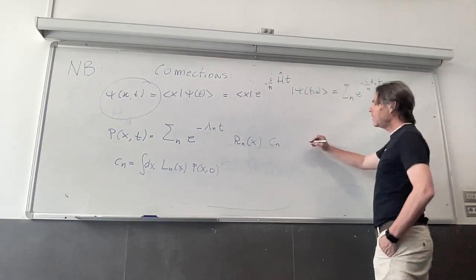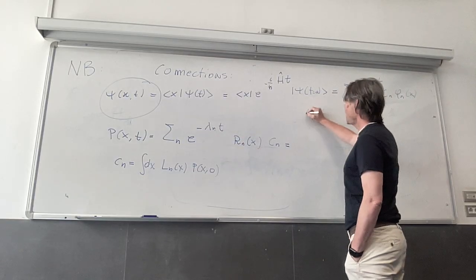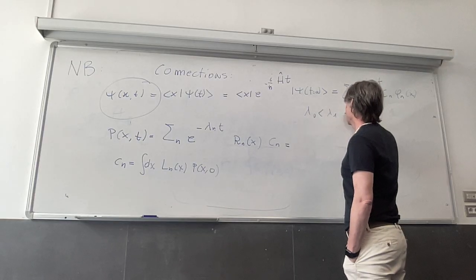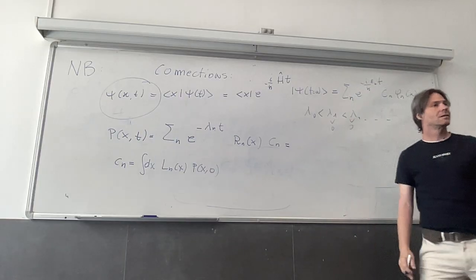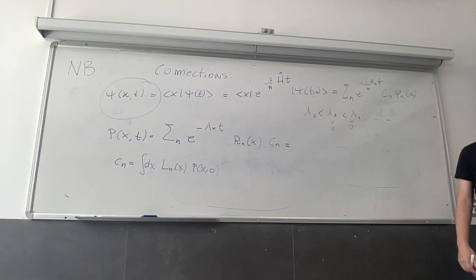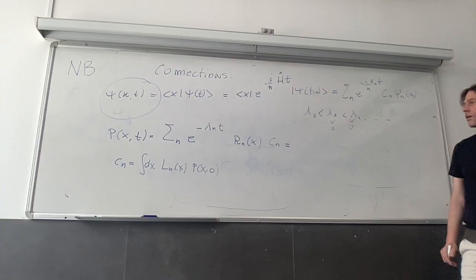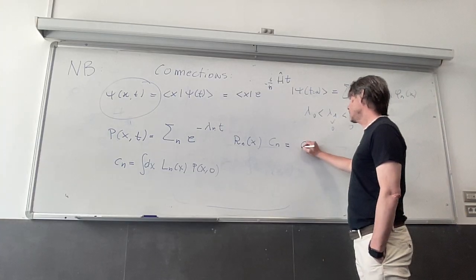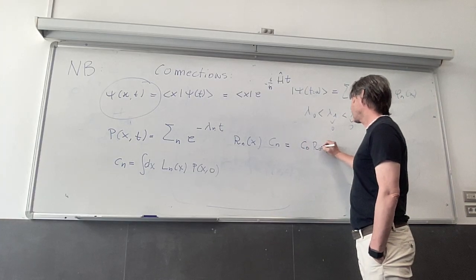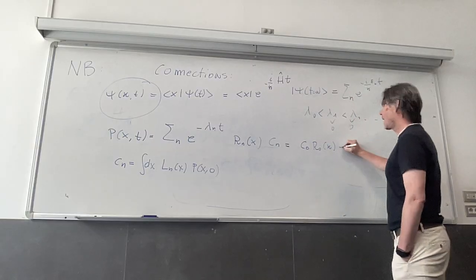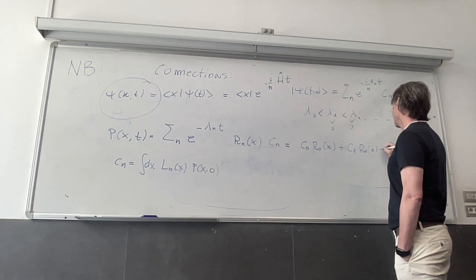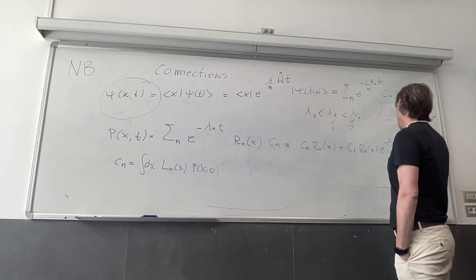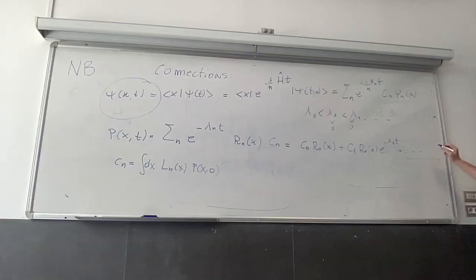So let me write this. The spectrum is lambda naught less than lambda 1, less than lambda 2, and so on and so forth. These are all positive. Right? So I can write this as C naught R naught of x plus C1 R1 of x e to the negative lambda 1 t, and all others, but all of these will be exponentially suppressed with respect to this.